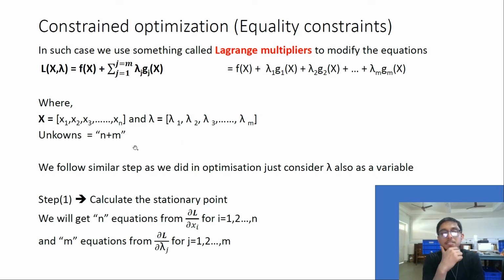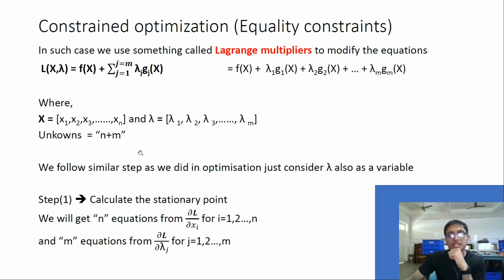Now, how do we identify these unknowns? We follow a similar step to what we did in the earlier case of multivariable functions. That is, we treat the lambdas also as variables. We don't know what values they have, but they are variables. So we will calculate a stationary point that will give the values of x1, x2, xn, and then lambda 1, lambda 2, lambda m.